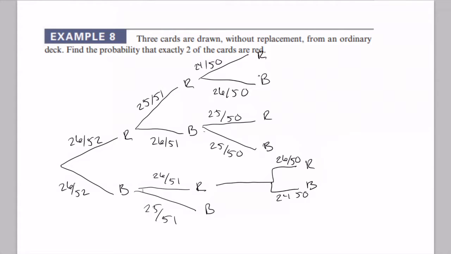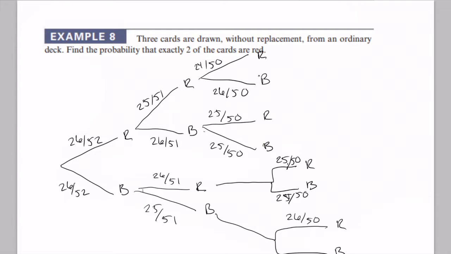No, this is 25, sorry, I apologize. 25 out of 50, and this should be also 25 out of 50. And we have red, black for the last one. We only gotten blacks here, so that's 26 out of 50, and this should be 24 out of 50.